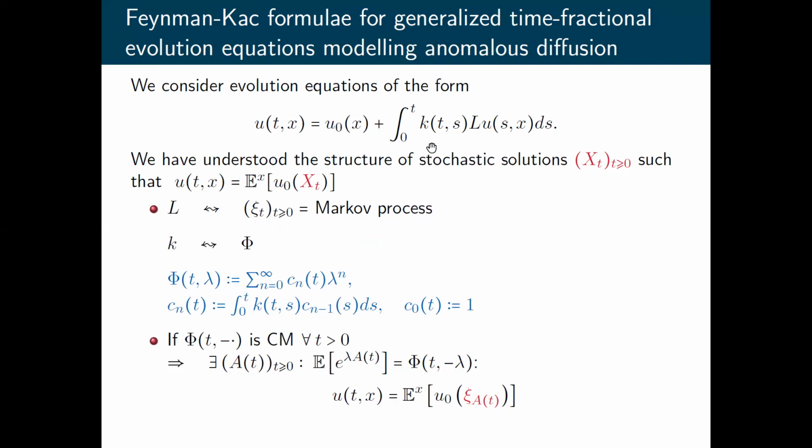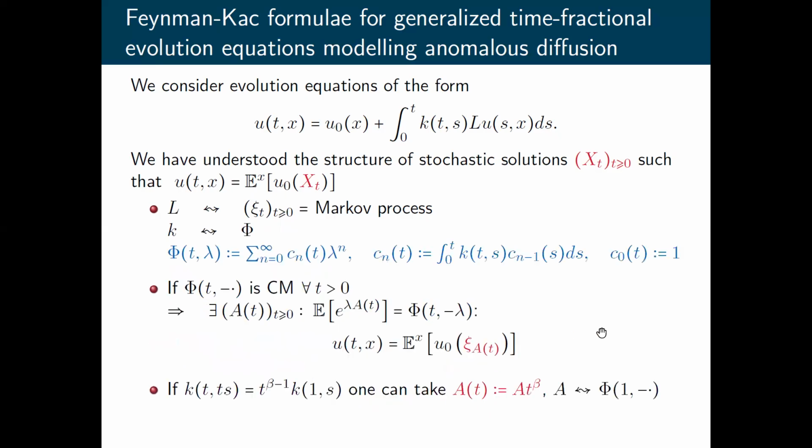Of course, if this K belongs to the special class of convolution kernels, which correspond to subordinators, then as this process A of t, we can use the corresponding inverse subordinator, but not necessarily. Actually, we can use any other process A of t whose one-dimensional marginal distributions are prescribed, actually given by means of this function phi. Okay, so this is the first step.